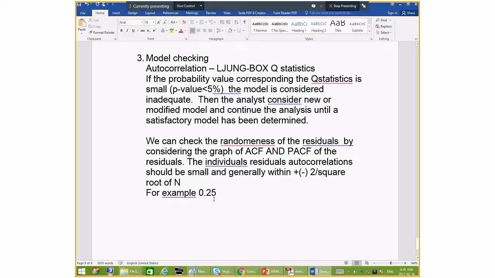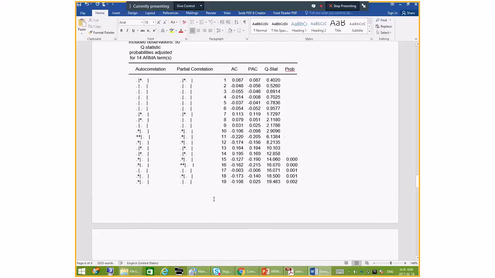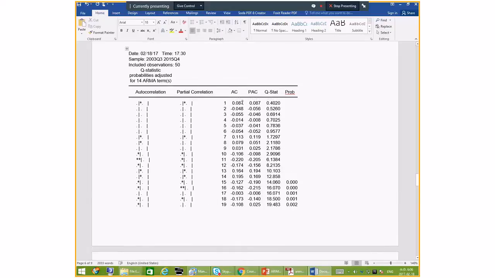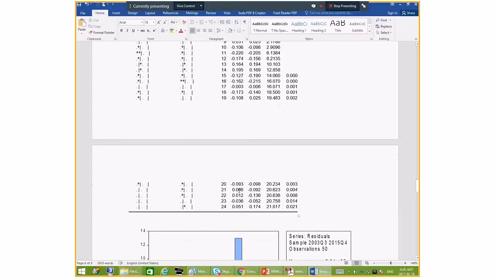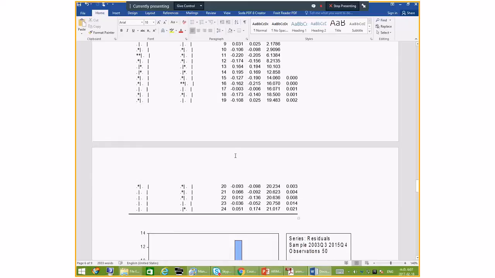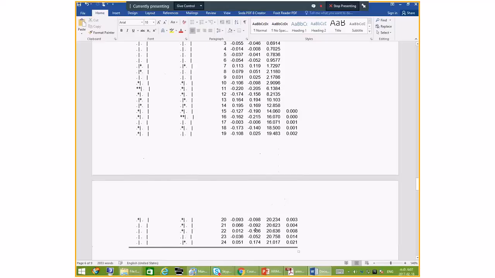Then go to our autocorrelation, ACF and PACF, and those values are all very small. Right, these are very small in this ACF, and the PACF also is very small.